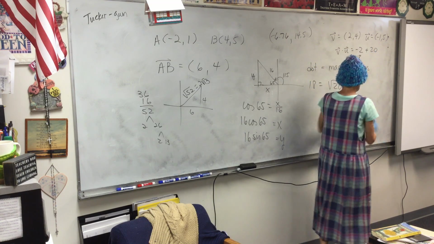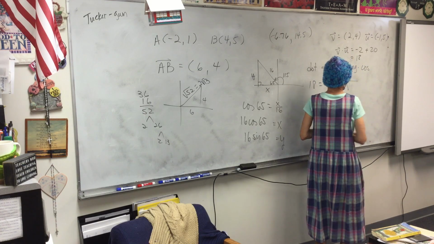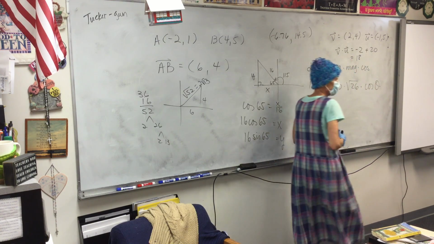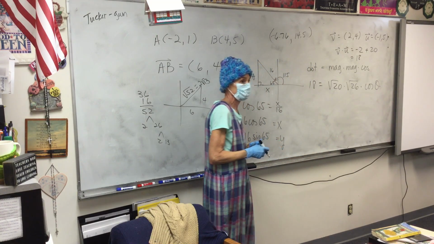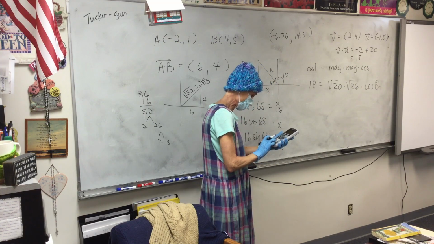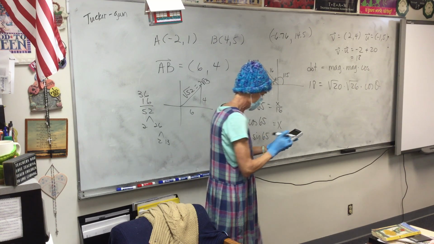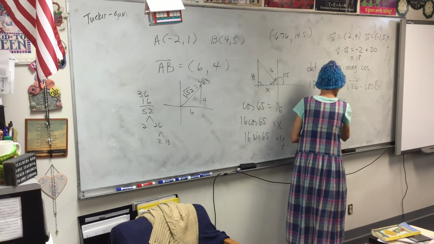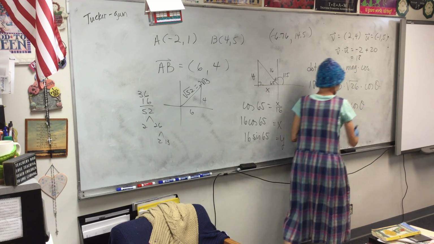What's the magnitude of the second vector? Square root of 26 times the cosine of the angle that I'm looking for. So then I'm going to put those two radicals together. So I have 18 equals the square root of 520 cosine theta.